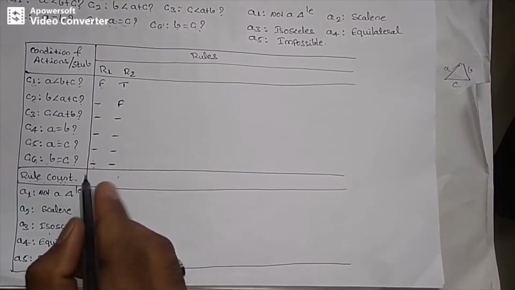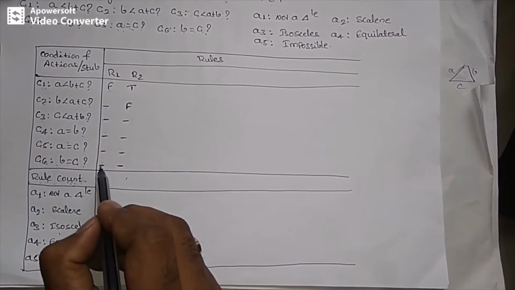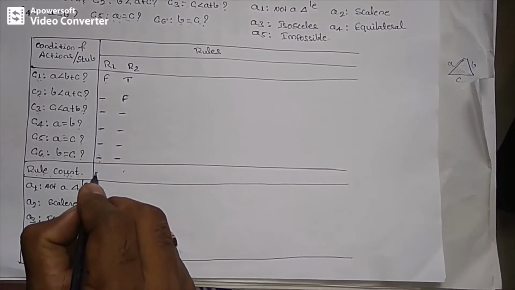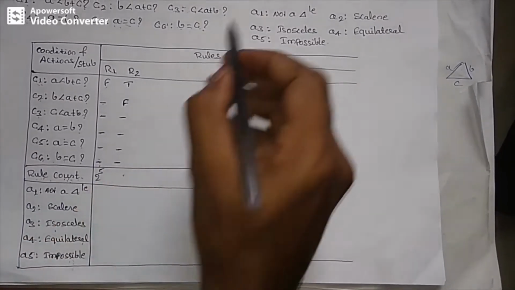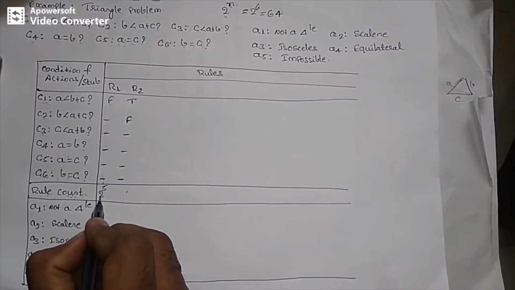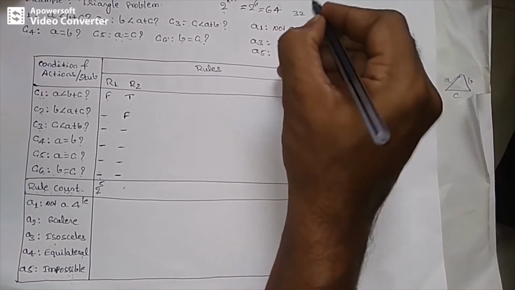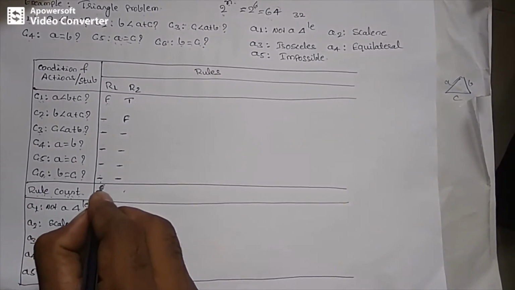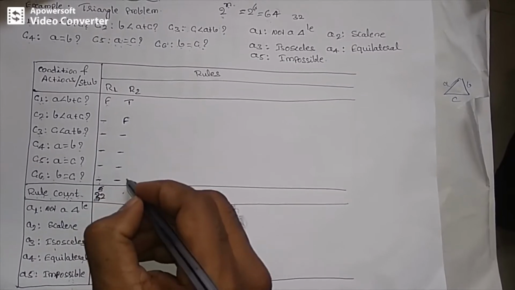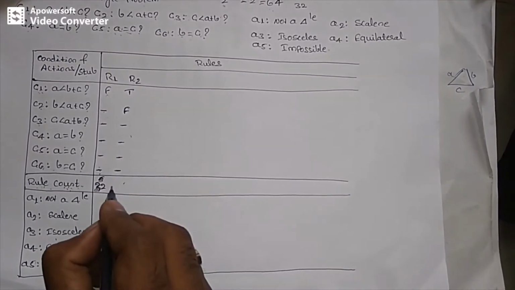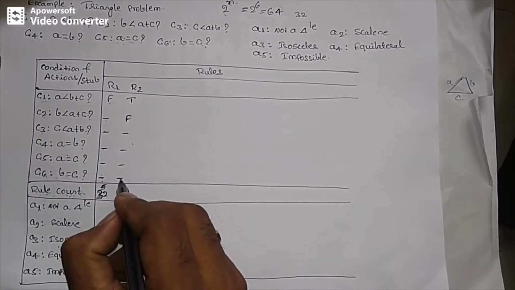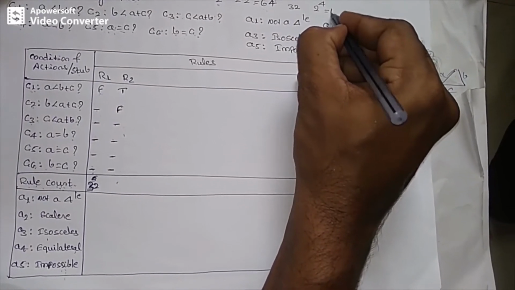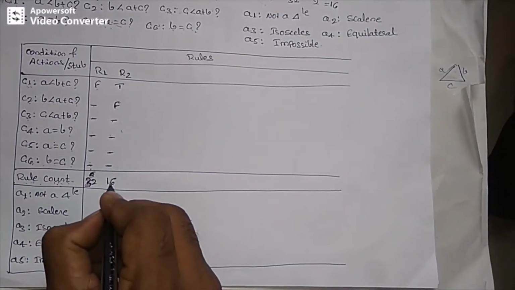Now see, how many dashes are there? That is nothing but 2 to the power of n. Here 1, 2, 3, 4, 5: 5 dashes indicates that 2 to the power of 5 rules are covered. 2 to the power of 5 is 32, so 32 rules are covered here. For rule 2, how many dashes are there? 1, 2, 3, 4, so 2 to the power of 4, which is 16. So 16 rules are covered.